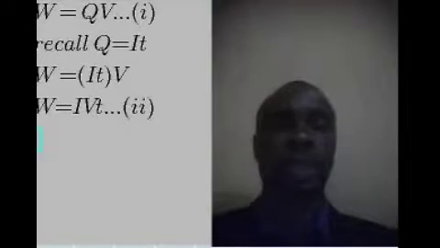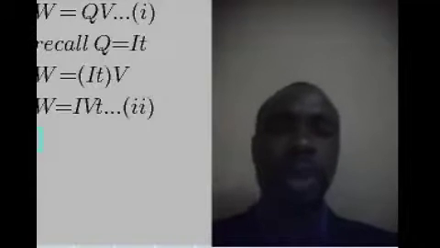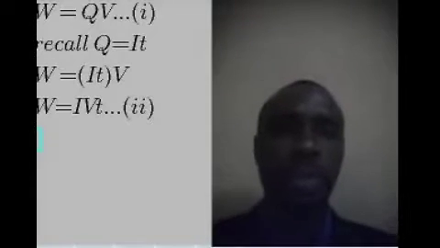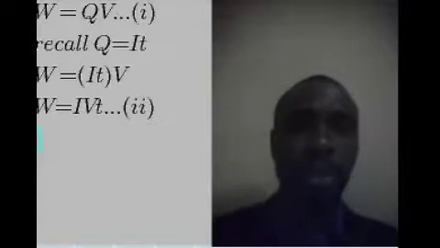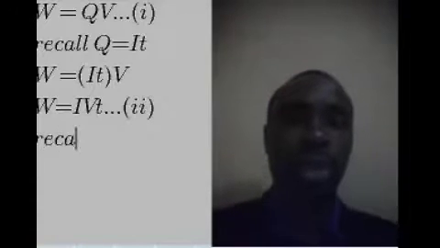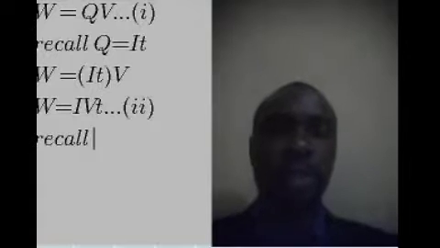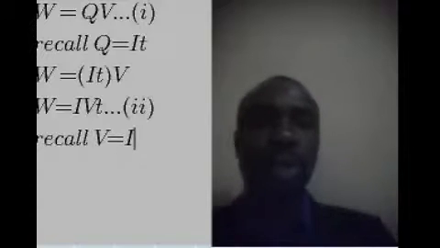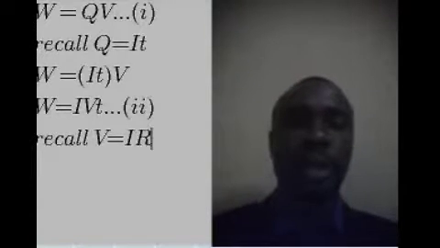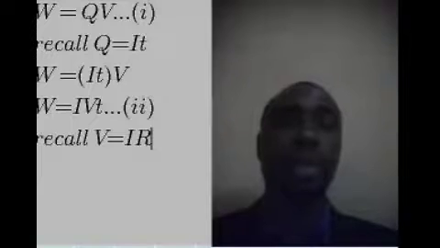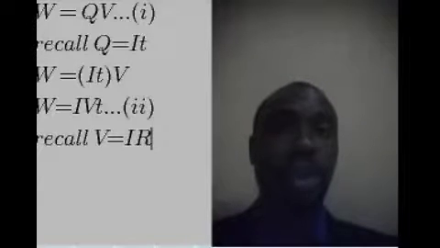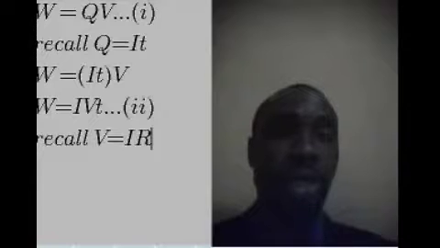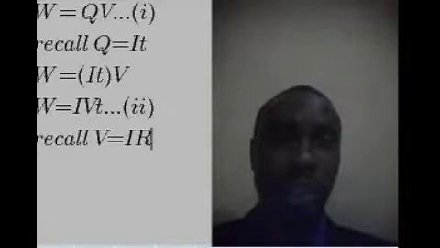Now, on to the next step. You will recall Ohm's law from our previous lessons, which says that V = IR. Just to clarify, V is voltage, I is current, T is time, and R is resistance. You can check this in your textbooks.